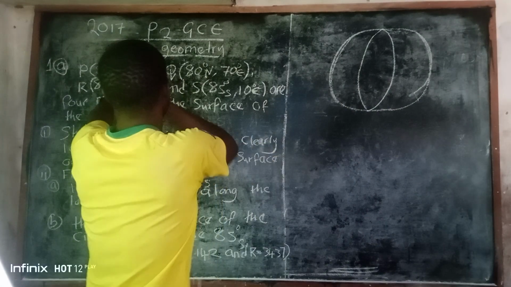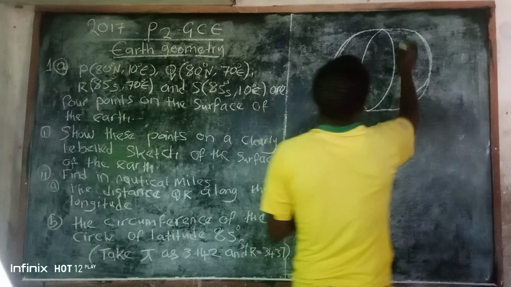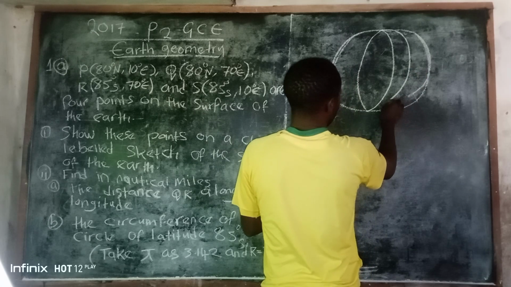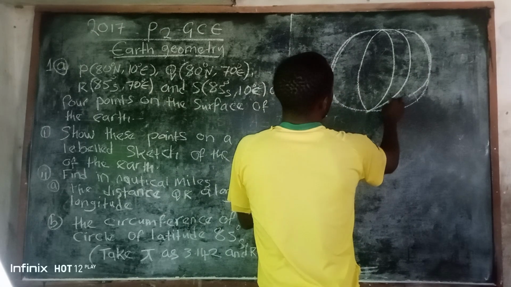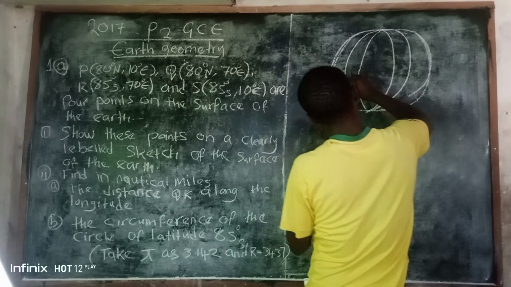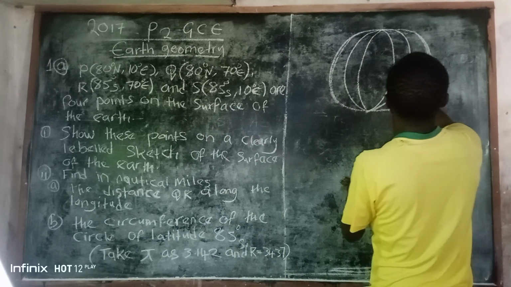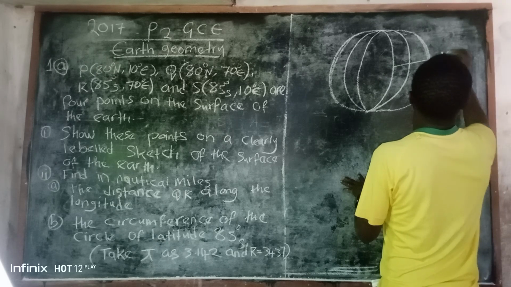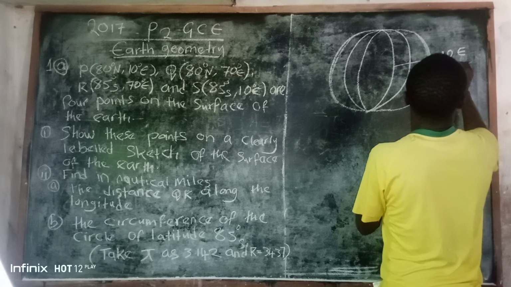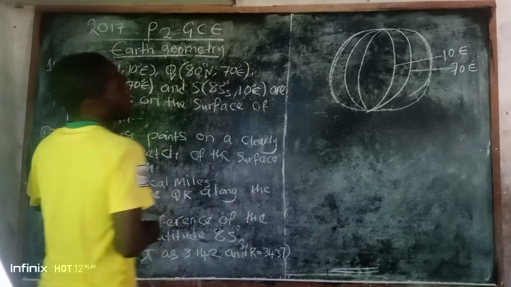For east, we have two: this one is 10, and let us also write the one for 70. So we have 10 east, then the other one, 70 east. We are done with the east, the longitudes.